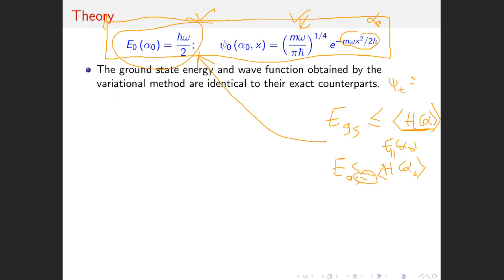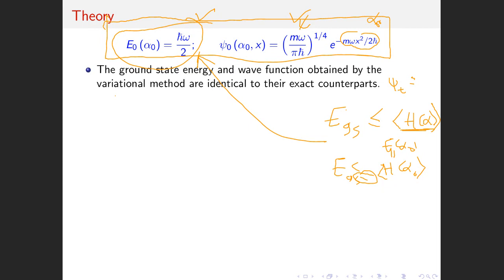But the next thing that I want to show is, given that we know the exact ground state, without solving the Schrodinger equation, can we then start to find the first excited state?